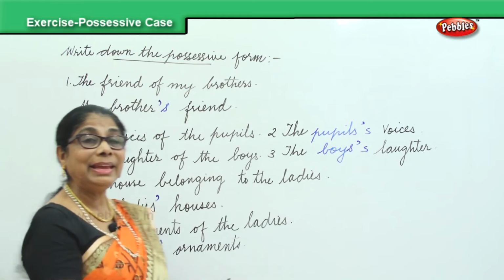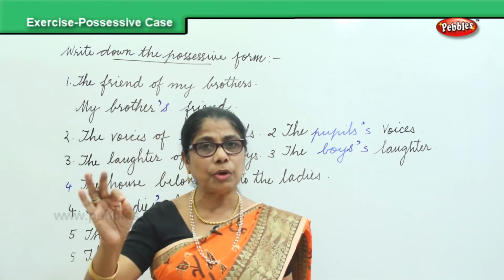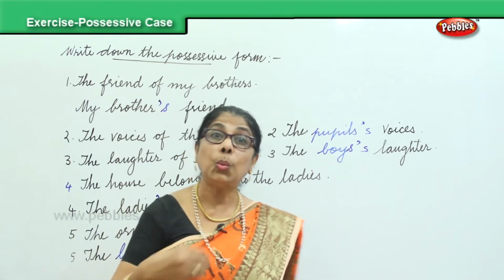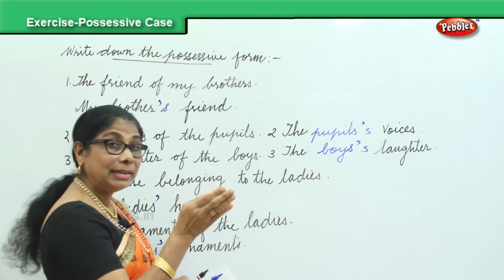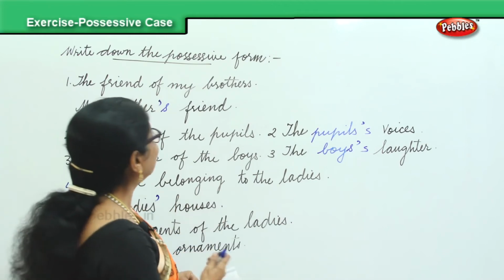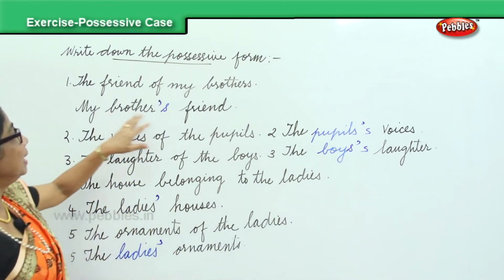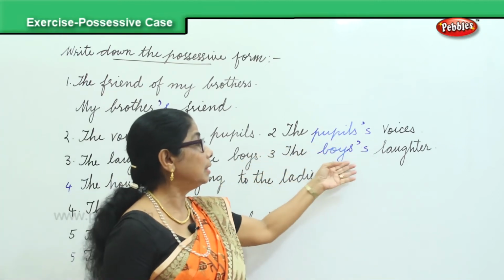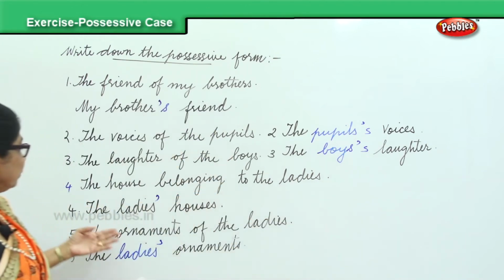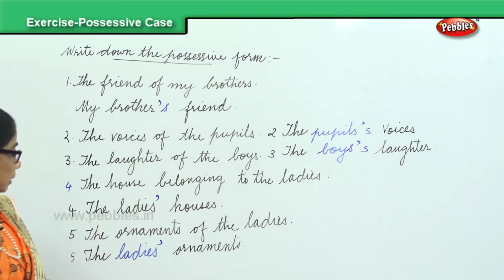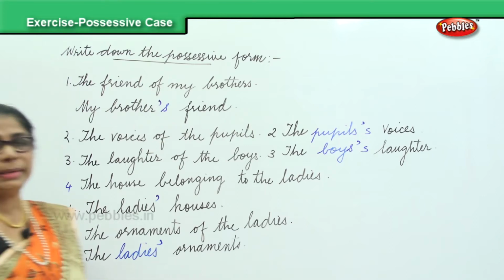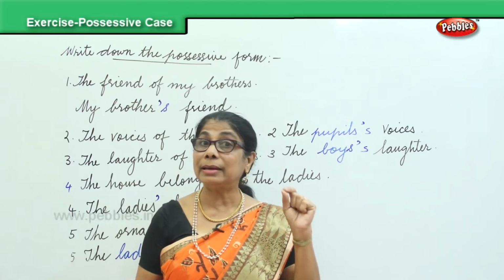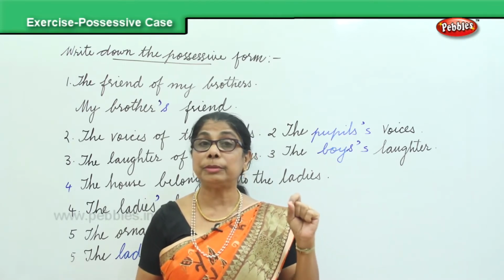So we are putting the correct possessive form to the word that we have, looking at whether it is singular or plural. Let's look at the sentences again. My brother's friend. The pupils' voices. The boys' laughter. The ladies' houses and the ladies' ornaments. As we go on doing it, we will learn better, putting in the correct apostrophe for the possessive form.